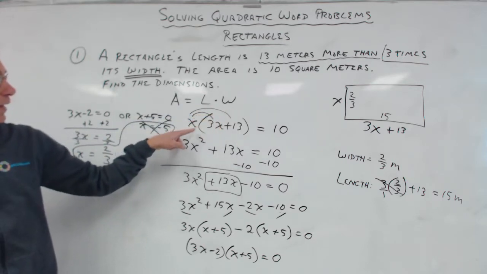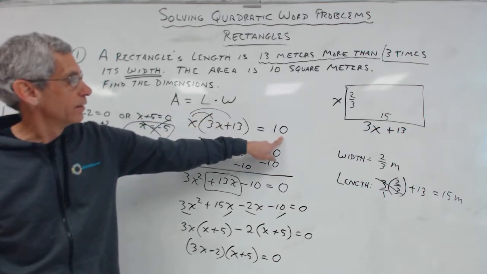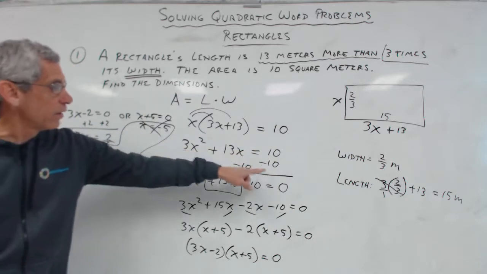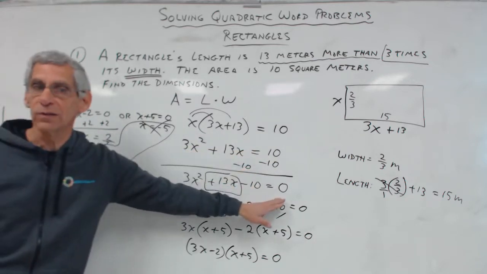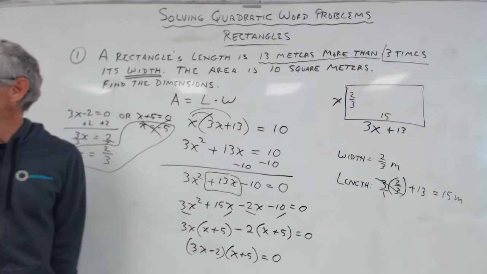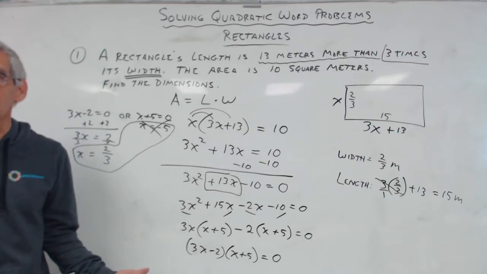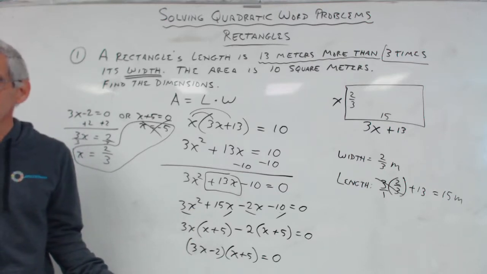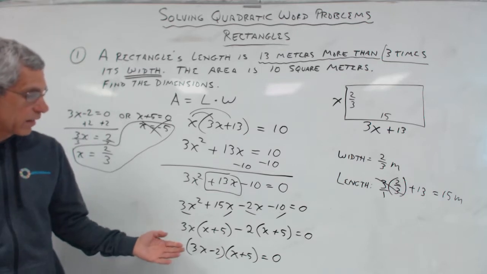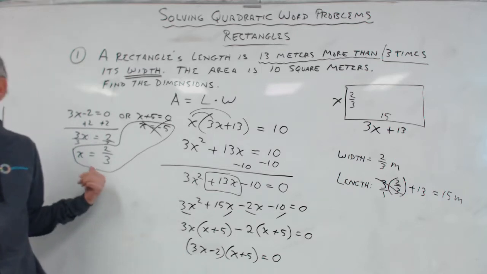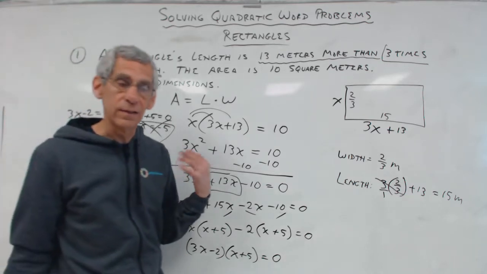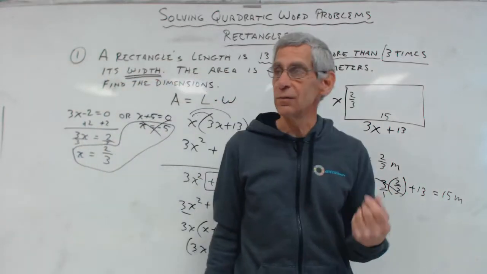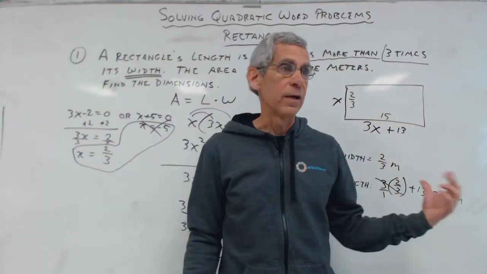So I did length times width equals 10. And then I multiplied it out, subtracted the 10, set it equal to 0, and then I factored it using Gary's terrific trick. Make sense? And then once I got the positive answer, that's the right answer. And then I give my final dimensions.